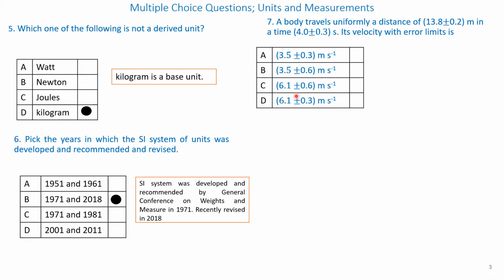The four options are option A 3.5 plus or minus 0.3 meters per second, option B 3.5 plus or minus 0.6 meters per second, option C 6.1 plus or minus 0.6 meters per second, and option D 6.1 plus or minus 0.3 meters per second. So you have to do some calculation.